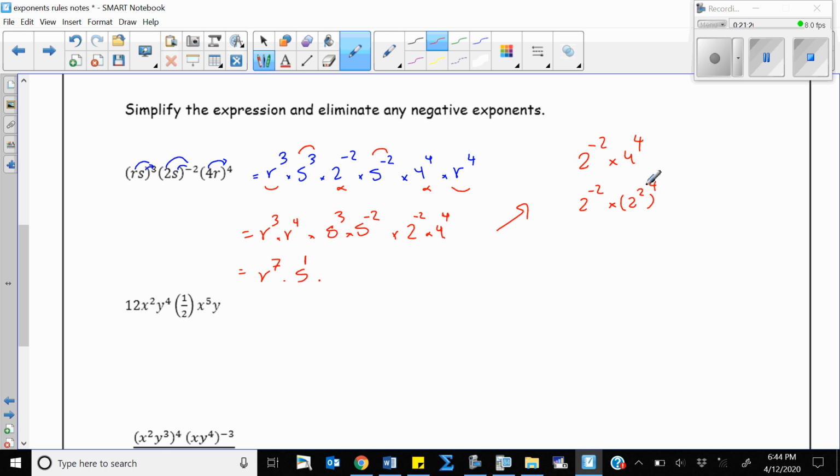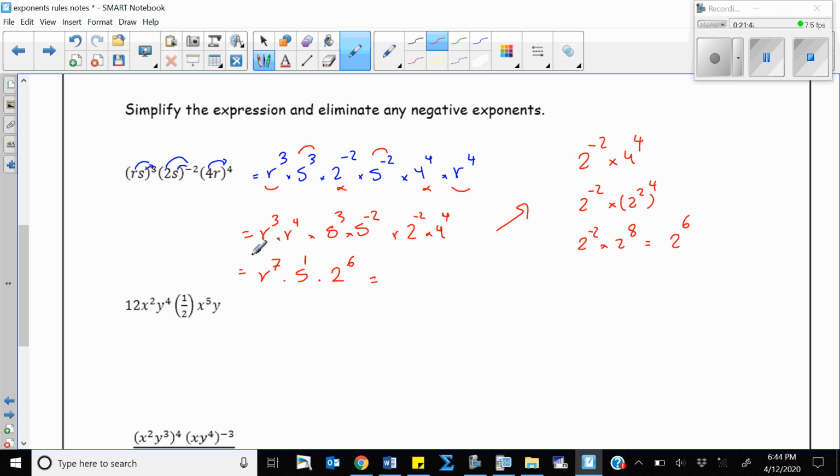So I can multiply the powers because this is power of power. So this will be 2 to negative 2 times 2 to the power of 8, 2 times 4 is 8. Now I'm going to keep the base and add up the exponents. Negative 2 and 8 will be 6. So this will be 2 to the power of 6.